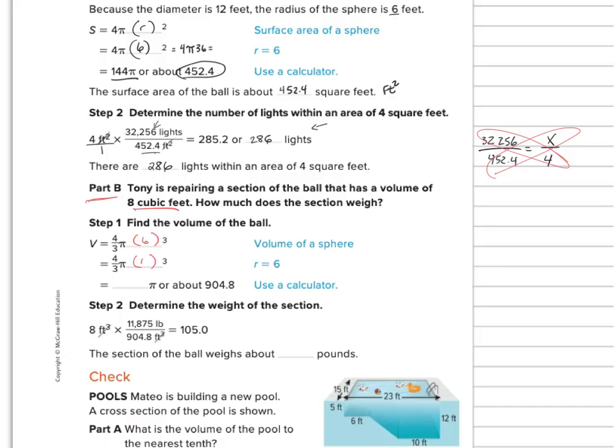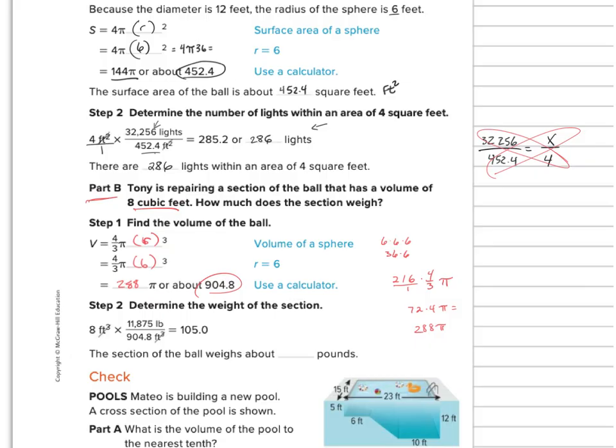When we multiply this all out, we have 216 times 4/3 pi, and then we can simplify that. And there you go, 288 pi, or about 904.8 is the volume. So find the volume, 904.8.